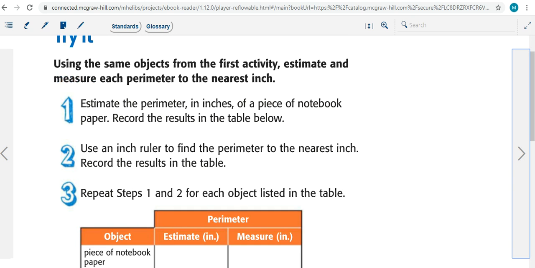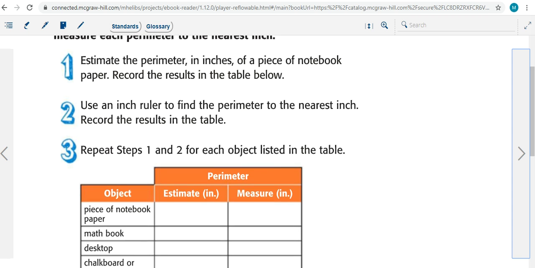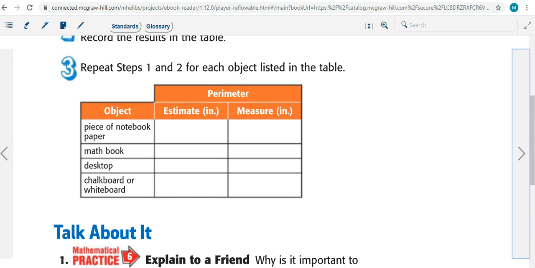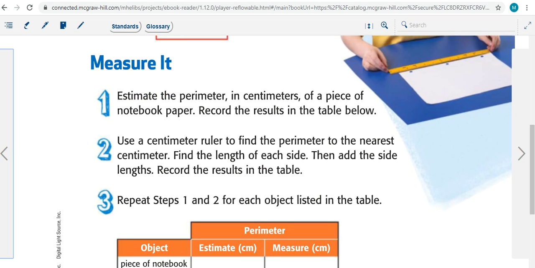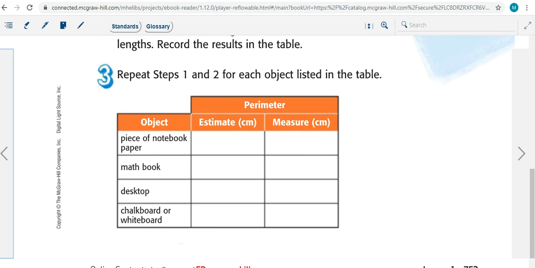Using the same objects from the first activity, estimate and measure each perimeter to the nearest inch. Now, on the last page, let me explain. On this page, we are going to estimate these objects: a piece of notebook paper, a math notebook, a desktop, for example your desk, a chalkboard, or a whiteboard.